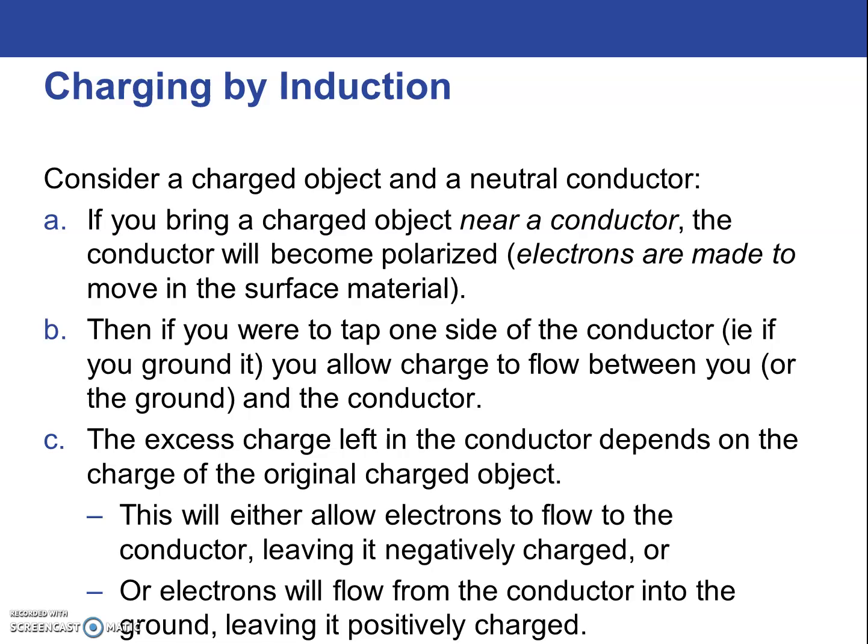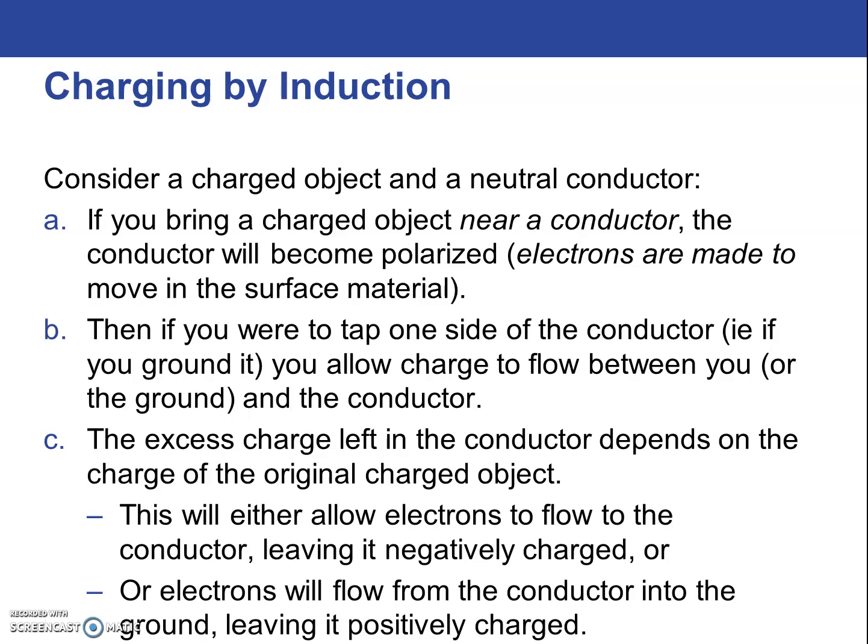If instead we use a positively charged rod, we bring that near the conductor, it'll pull electrons towards it, so near the positively charged rod, leaving positive charges on the opposite side of the sphere. And then when I touch the sphere, this time the rod will pull electrons from me into the sphere.